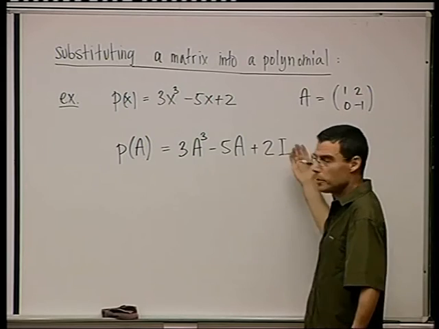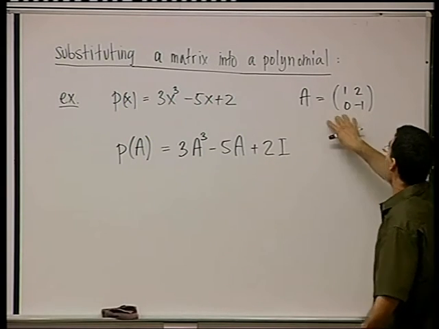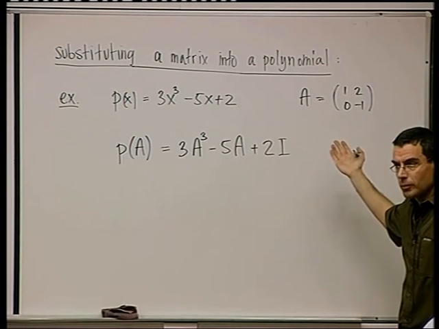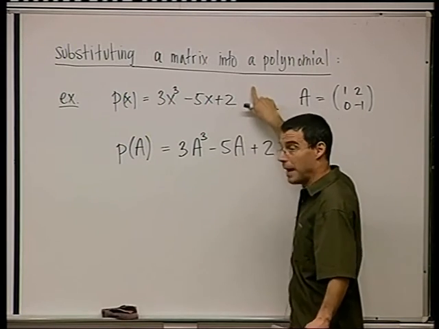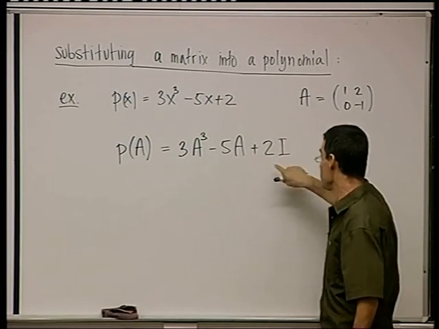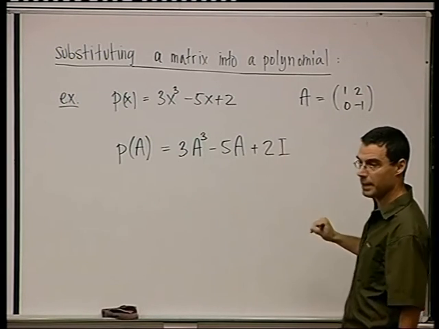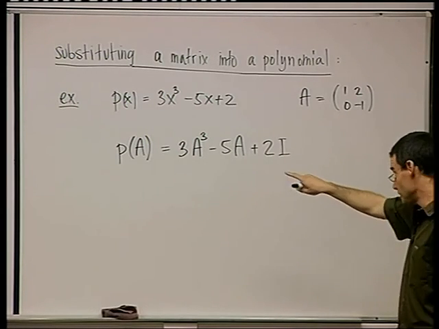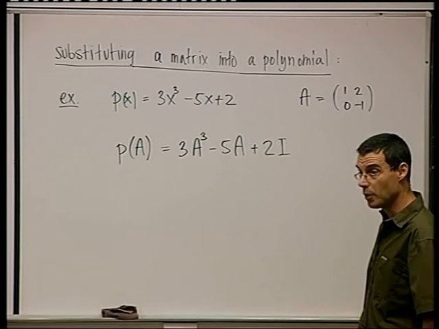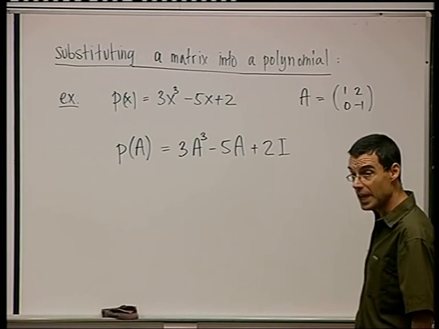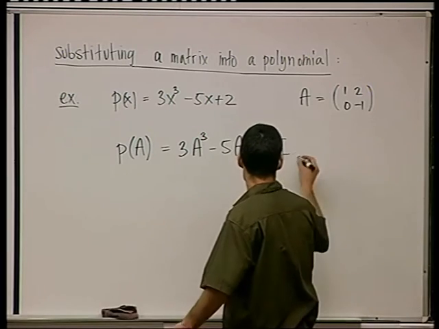Writing just plus 2 is not well defined. What does it mean, A plus 2? But what we really are doing is taking 2x to the power 0, plugging in A, so we have A to the power 0, which is I by definition. So this is now well defined by the definitions of powers of matrices that we had before. So this is P of A in this case, and we can calculate it.